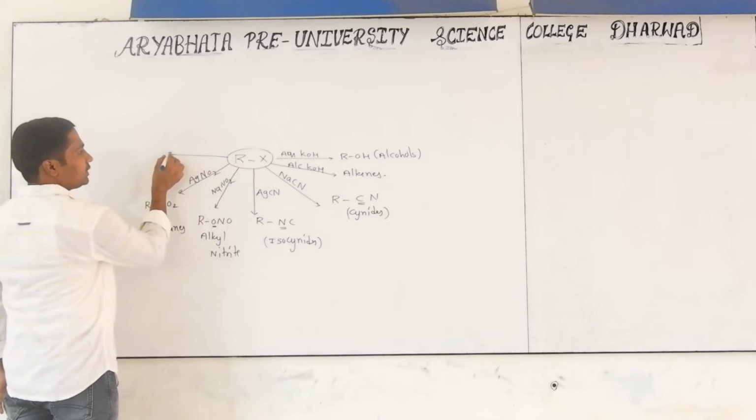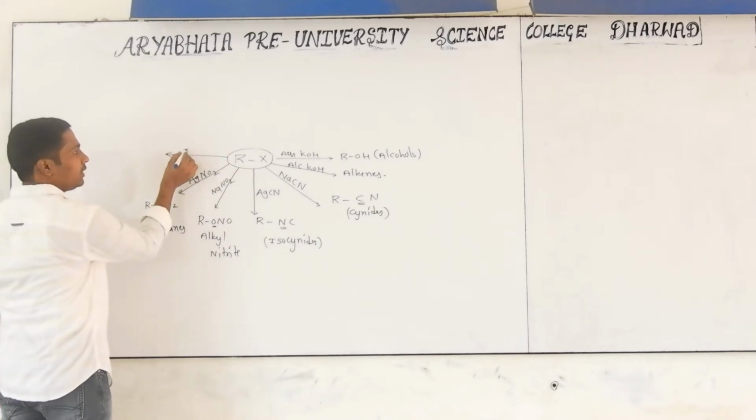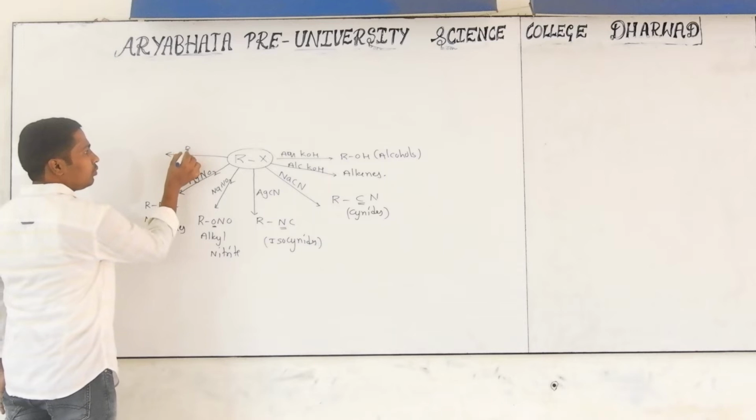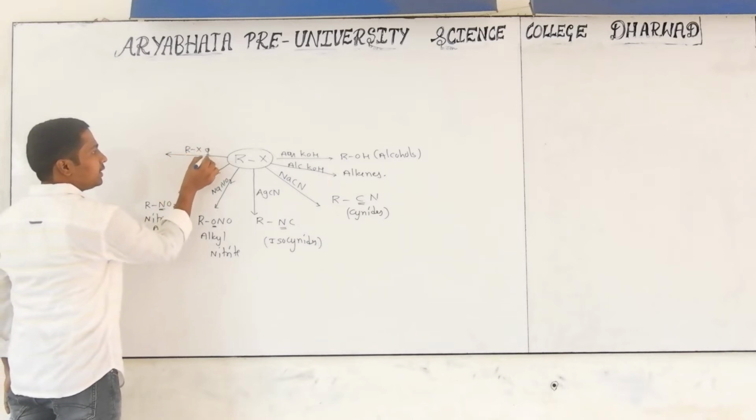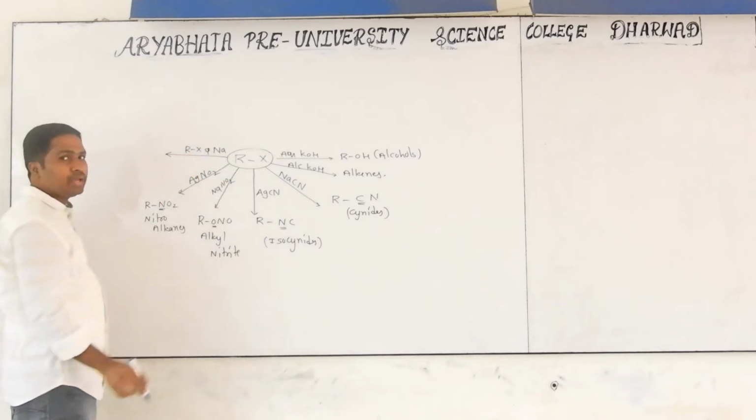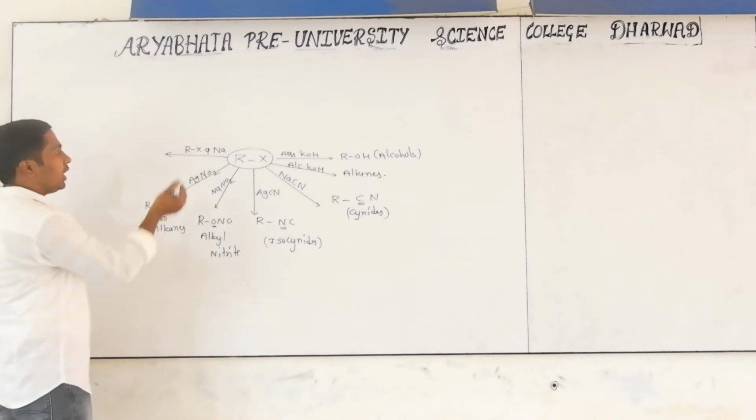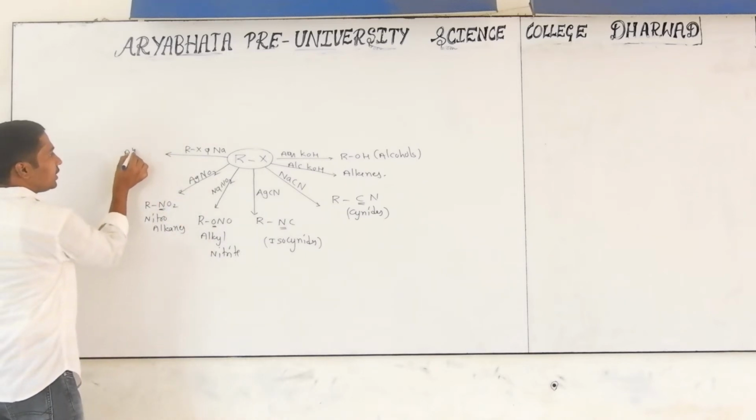You see carefully. For example, the same alkyl halide reacted with one more alkyl halide and sodium metal is called the Wurtz reaction. Under the Wurtz reaction, what are we getting? Alkanes.